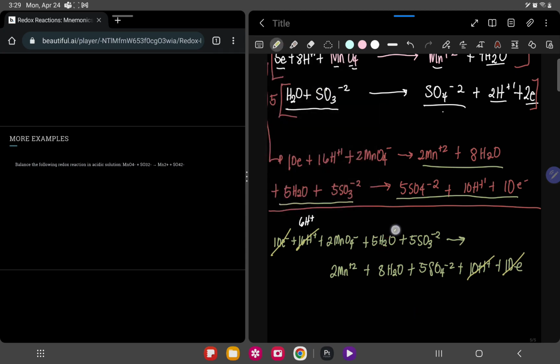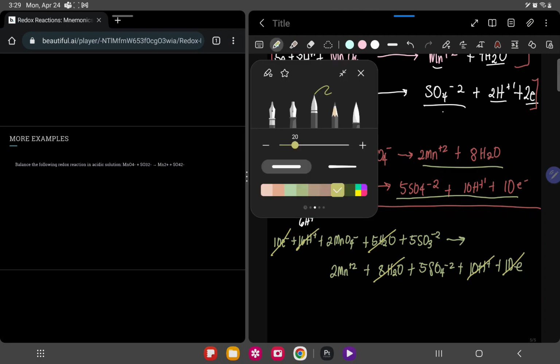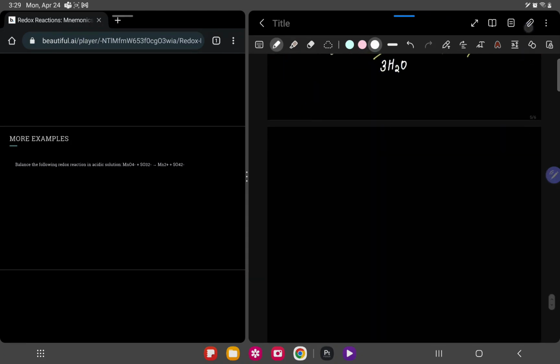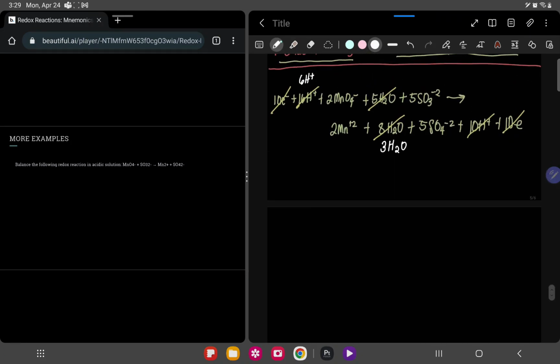That will remain, we'll have remaining 3 water. Okay, so I think that's everything that we can cancel. And then we'll rewrite the equation. So that's a very long one.